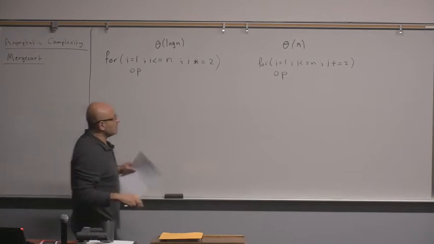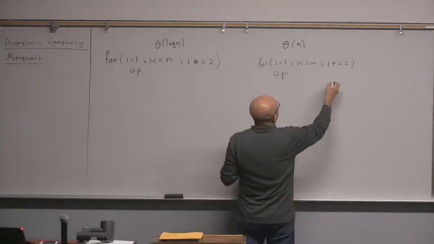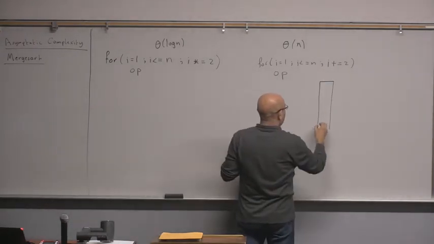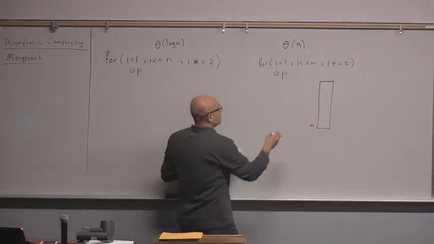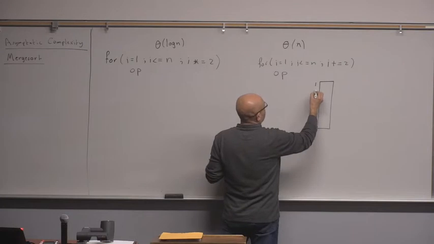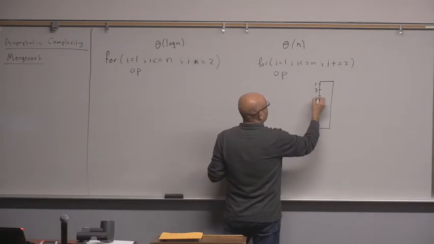Now remember that this means that you start from 1 and you have this n, and then your steps are: you start at 1, then 3, then 5, then 7.